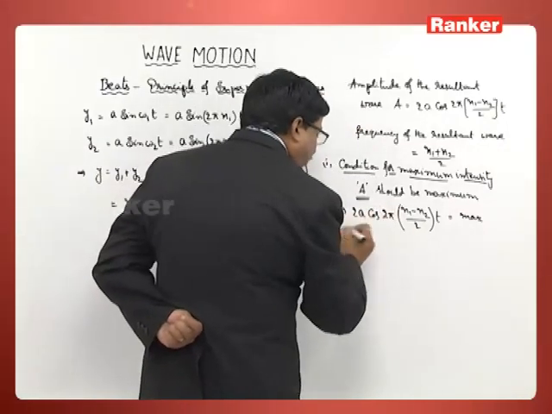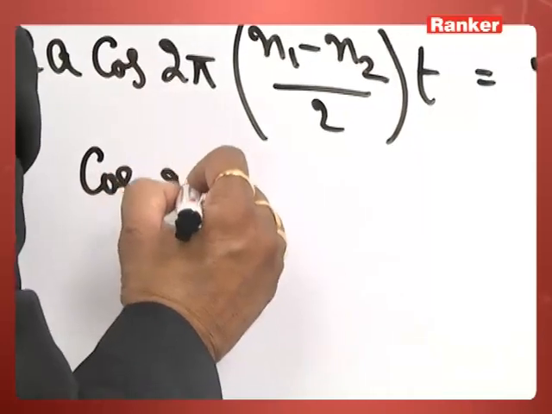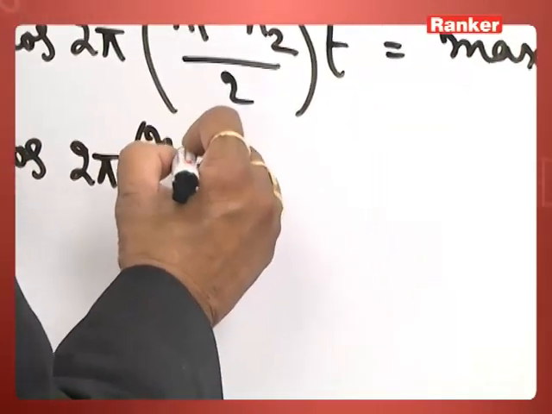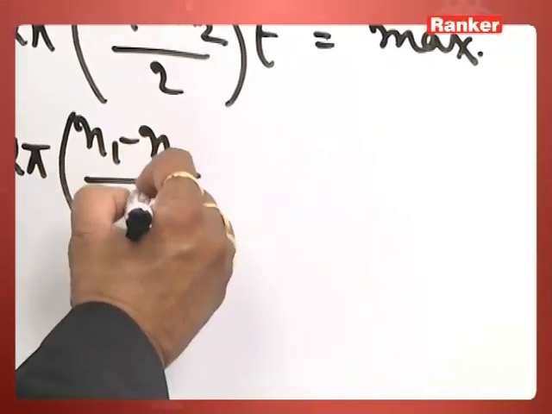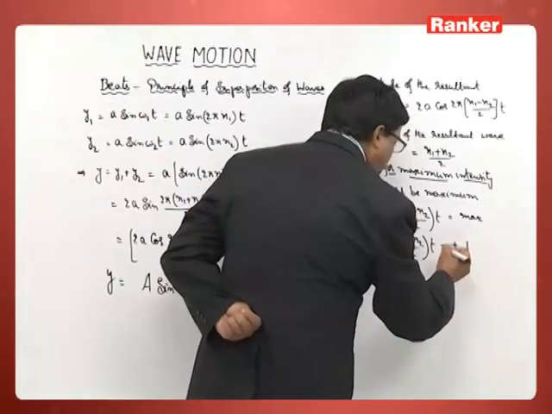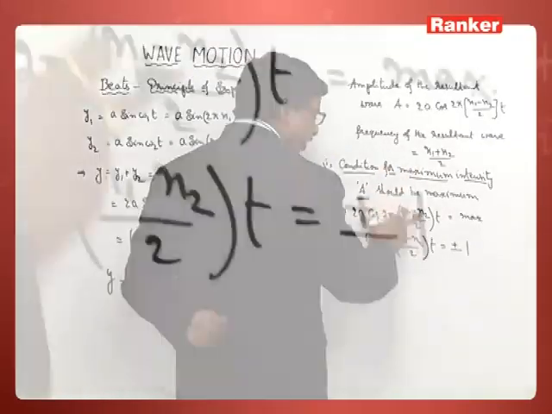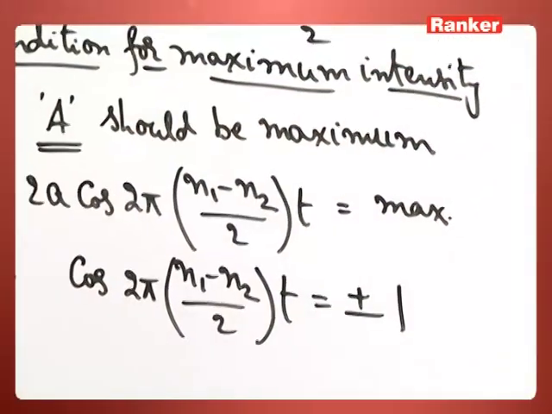When will that be maximum? When you consider that cos of 2 pi into n1 minus n2 by 2 into t is plus or minus 1, then we will find this total value becoming maximum.